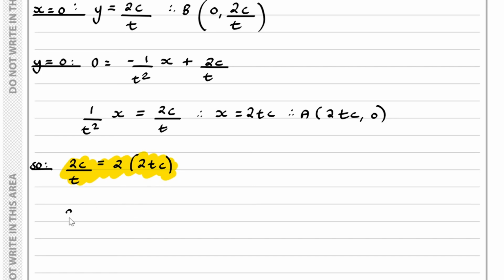If I multiply through by t, we see that 2c is equal to 4t squared c, and the c's cancel on both sides, so we have t squared equals a half, and therefore t equals 1 over root 2.